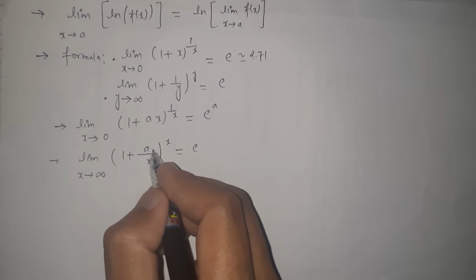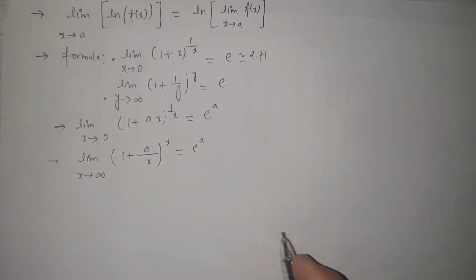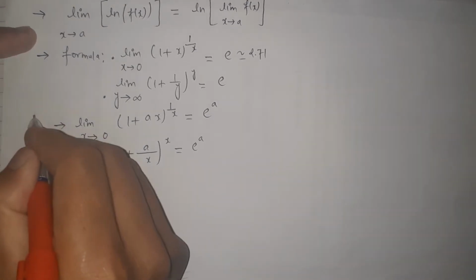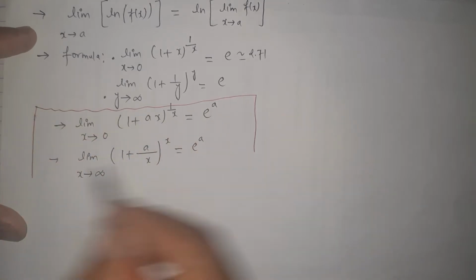Here the coefficient of 1 over x is a, so this will be the value. Please memorize these two very important formulas, which are based on the Euler number.